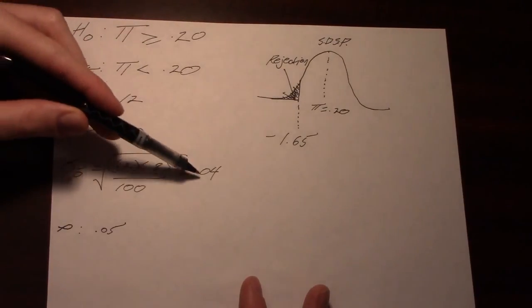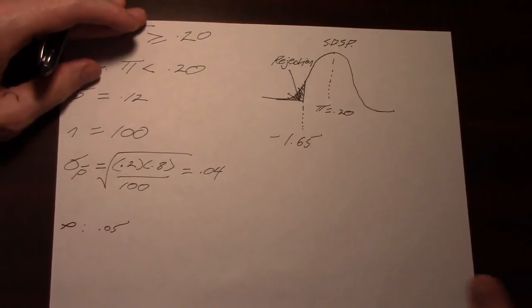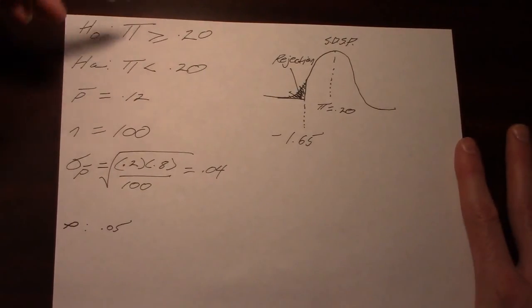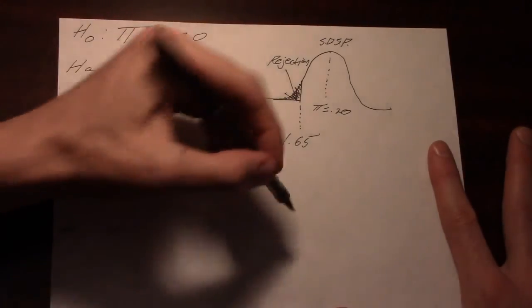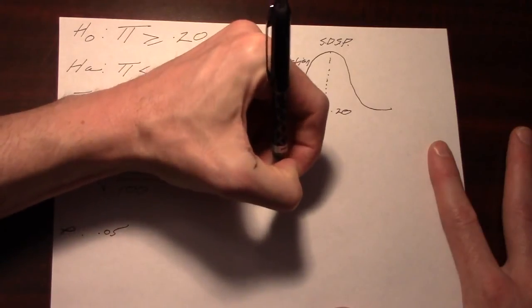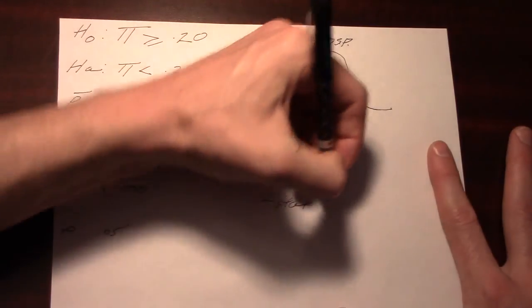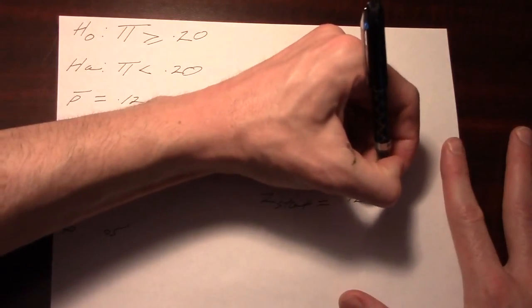Find out how many of these standard errors this sample proportion is below the assumed population proportion under the null hypothesis. So let's calculate our z-stat. 0.12 minus 0.2.